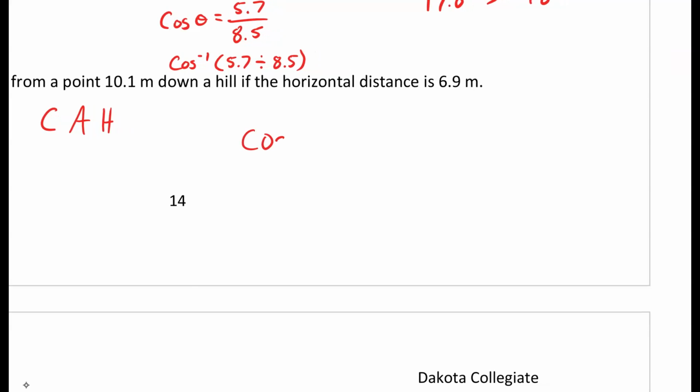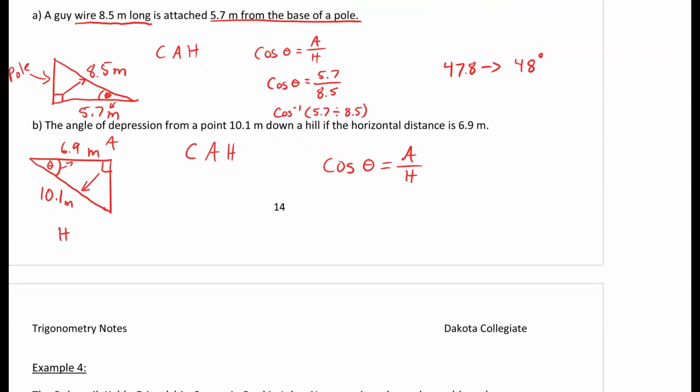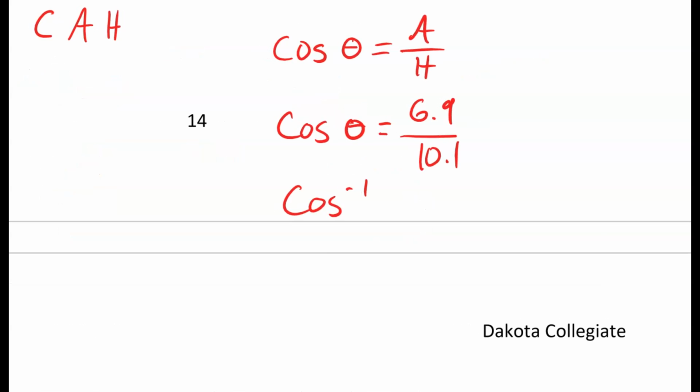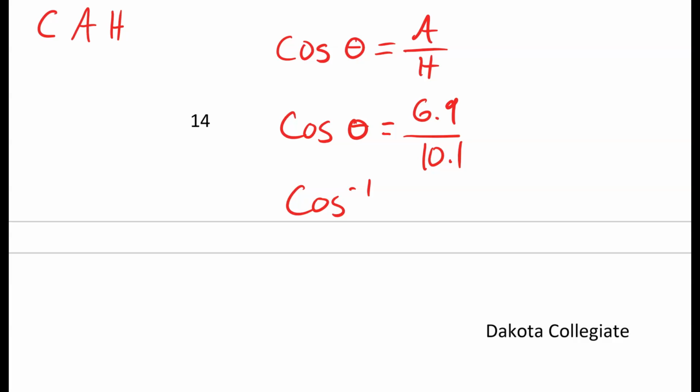So cos theta equals 6.9 over 10.1. We'd have cos^-1, hitting second function cos to get that, and then in brackets 6.9 divided by 10.1.